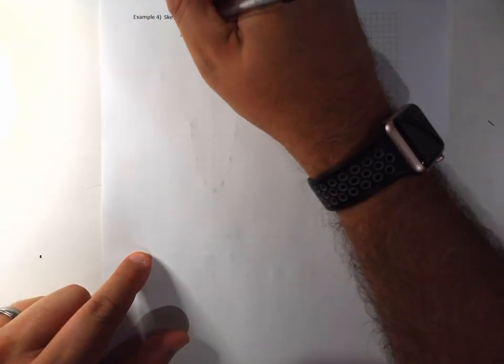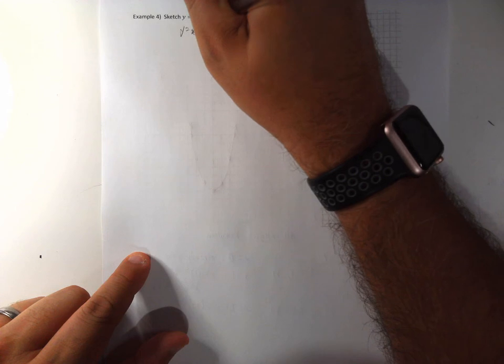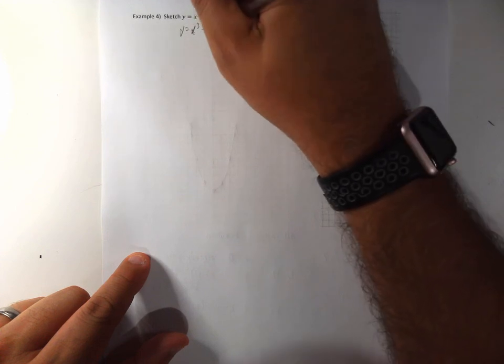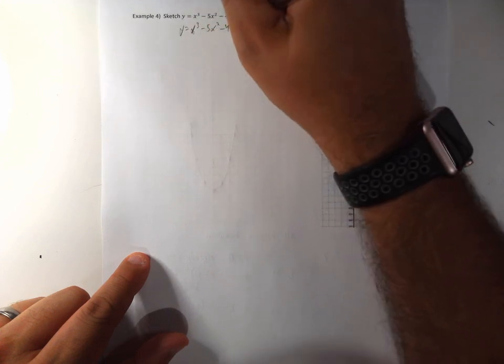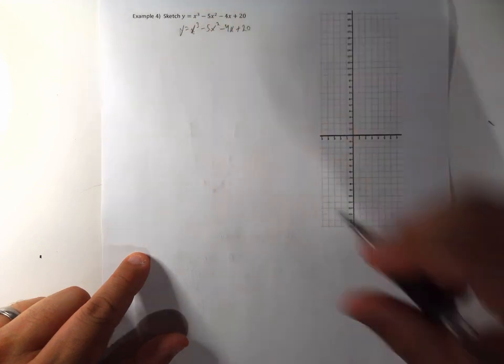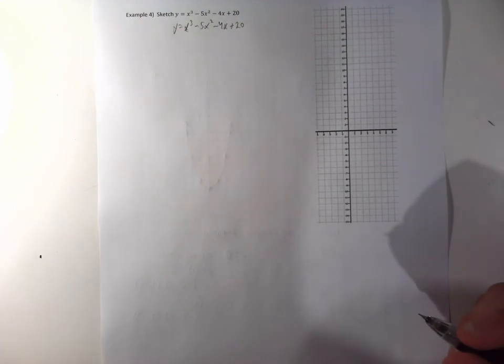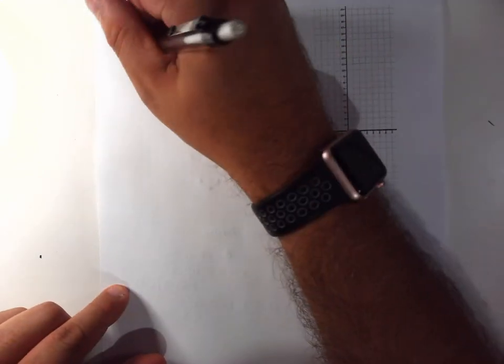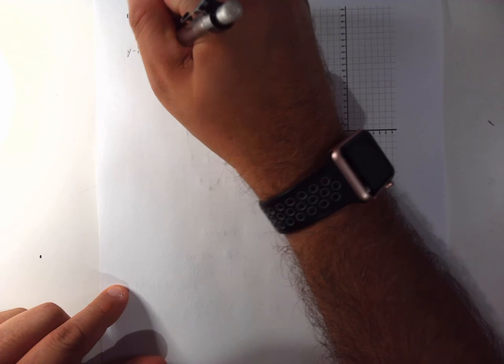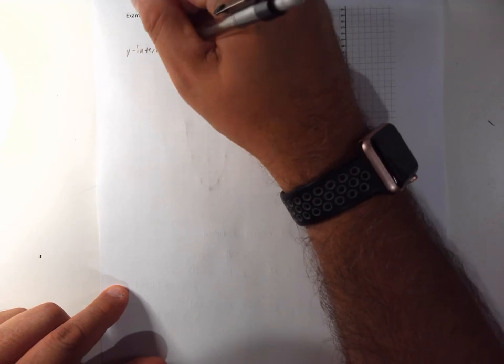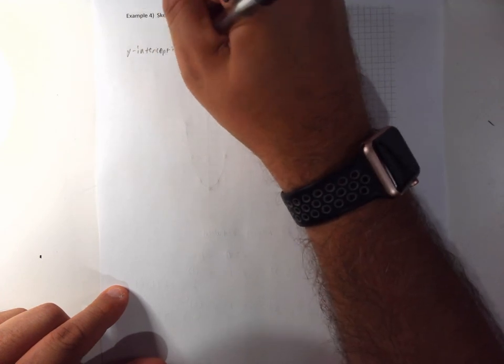We have y equals x cubed minus 5x squared minus 4x plus 20. So, I'm going to start with the y-intercept. At the y-intercept, x equals 0.